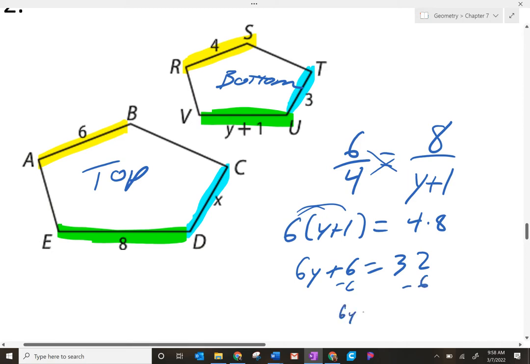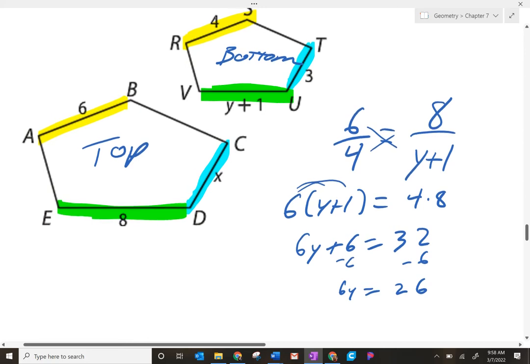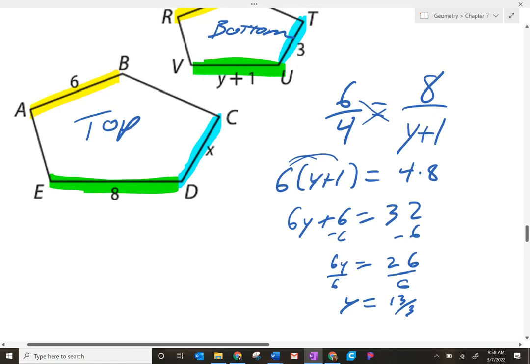I get 6y equals 26. And then you divide both sides by 6. My y value is 26 over 6, or I'll just simplify it down to 13 over 3. And I'll have that be my answer. If you want a decimal, because I don't have my calculator on me, I can go grab that in a second. That's what I'm going to get for my y.